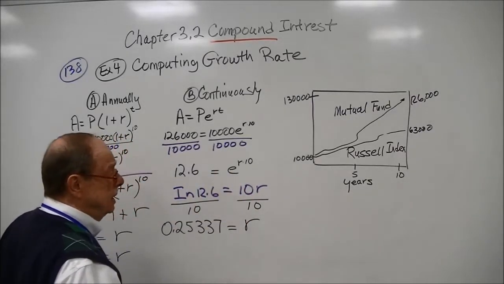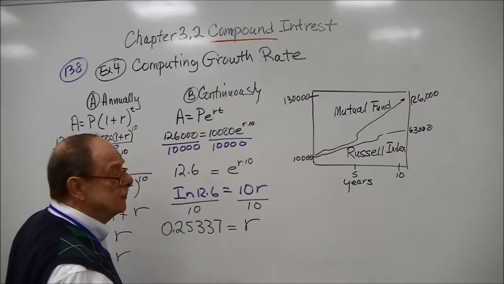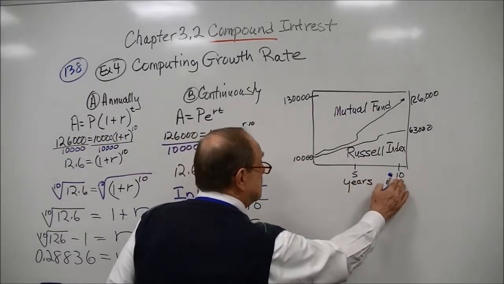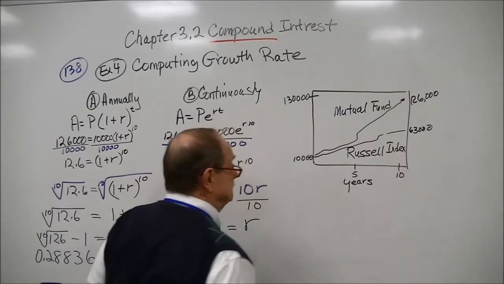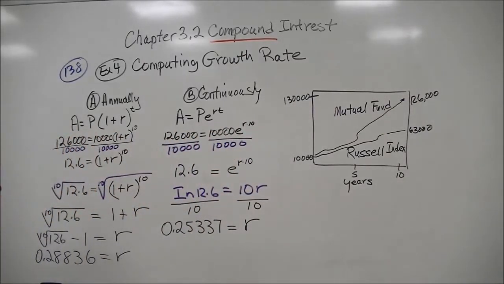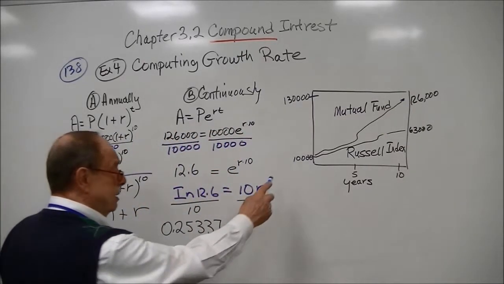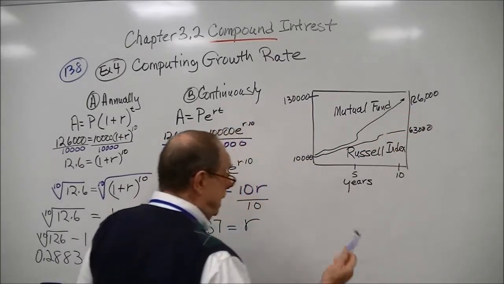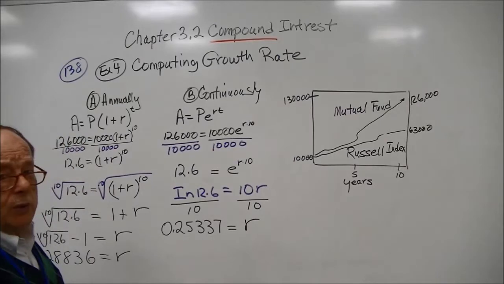Well, what they're wondering is, what would be the percent of growth from this point 10 years later to get there. So here we know the initial amount, we know the future amount, the end amount. What we don't know is the rate.